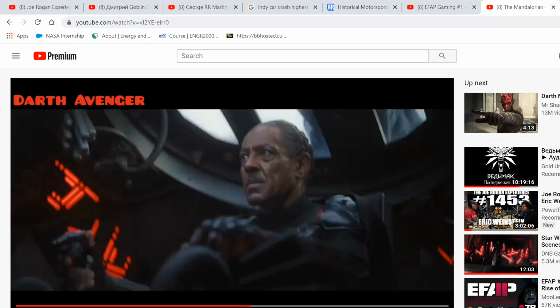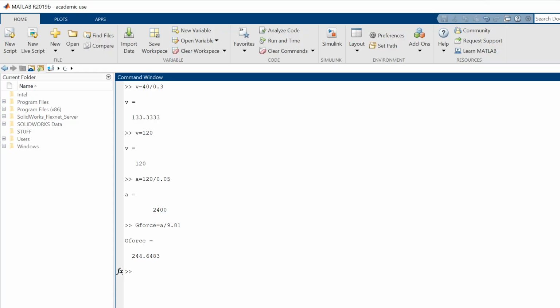So, what can we know for sure here then? We know that the G-force is 2,400. Oh, the G-force is 244. Now we can calculate what force is being applied to his hand right now. We can calculate it two ways. Basically, to calculate a force, I'm going to go with force equals mass multiplied by acceleration.